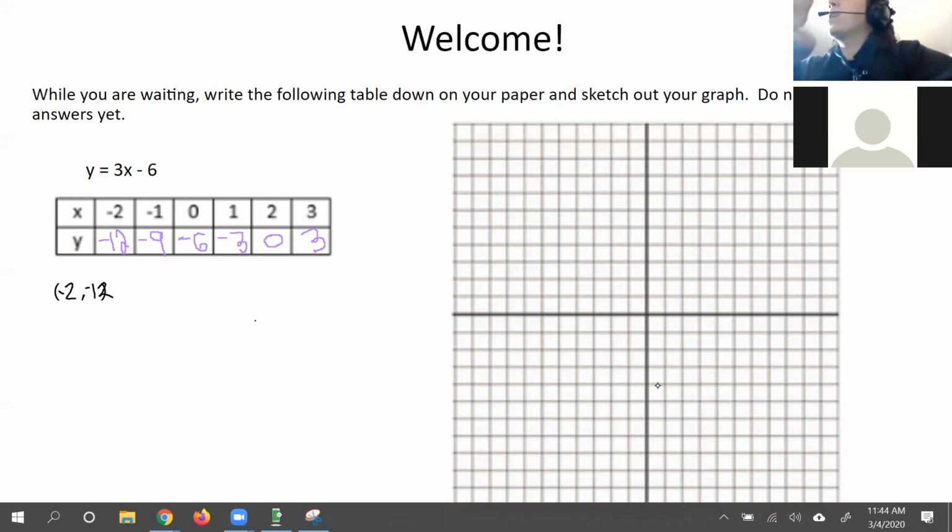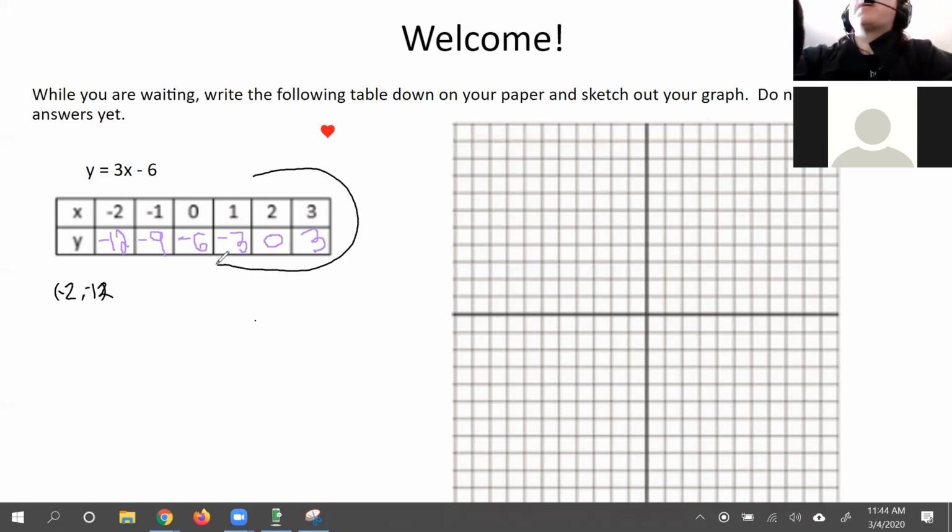What's another point on my graph? And honestly, if I was just going to graph it, I'd probably pick some real easy points to graph, right? I'll probably pick those 3 points because you don't need to graph every single one. So I could go 1, -3. Wait, 1, 2, 3.